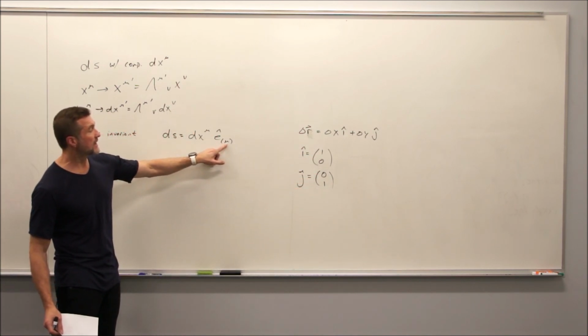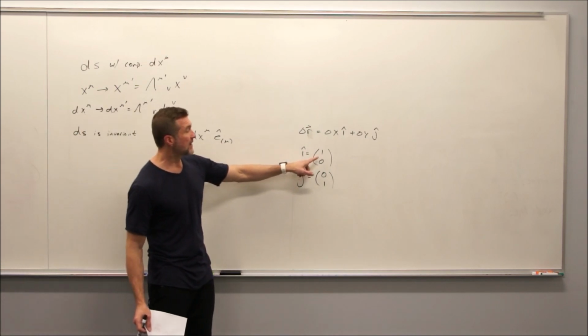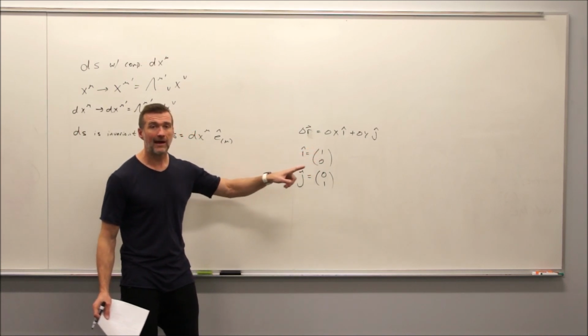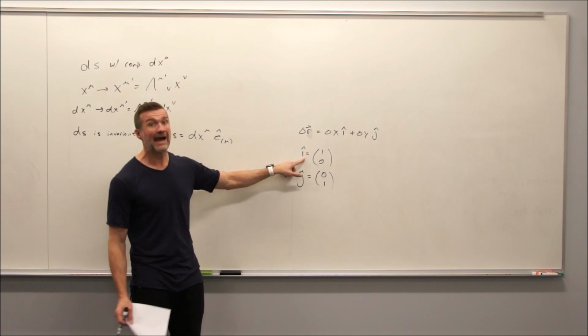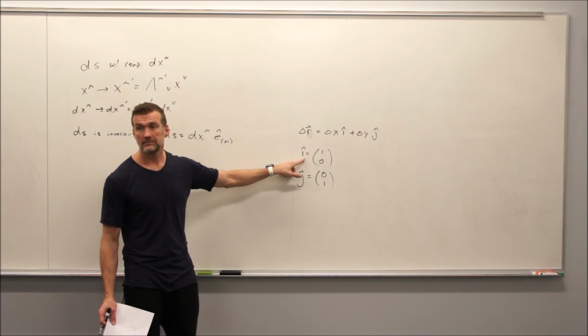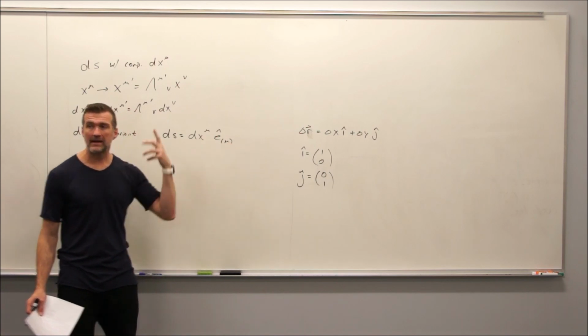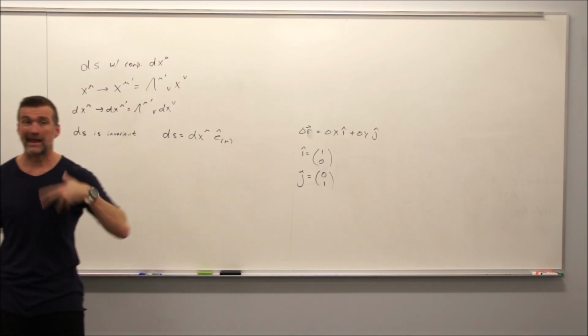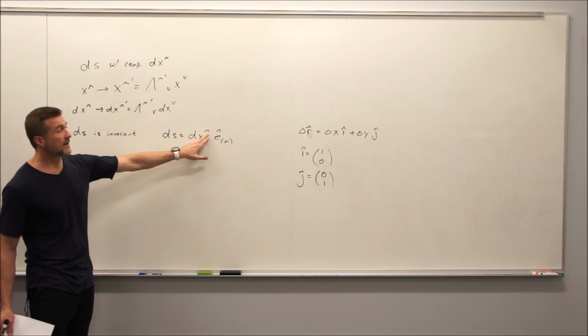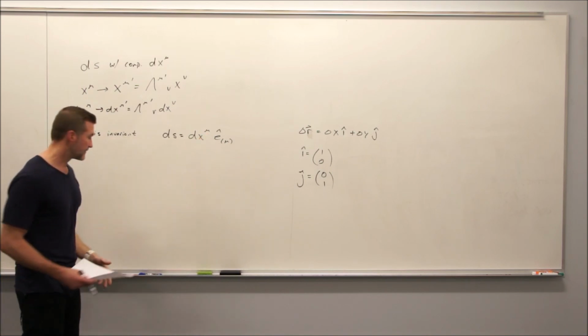But this label here is not telling me which component of the i hat vector I want to deal with. It's telling me I want to use the i hat vector. So we put that in parentheses here to remind us it's naming the vector we're using, not a component of a vector. These, on the other hand, are true components of a vector.